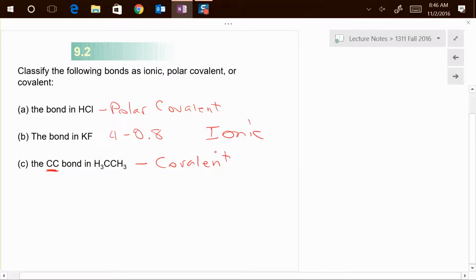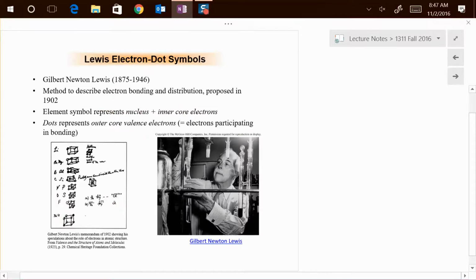So anytime you have a molecule that is bonded to itself, a diatomic molecule, for example like O2 or H2 or F2, those molecules are purely covalent. They have electronegativity differences of 0 because they're bonded to themselves.